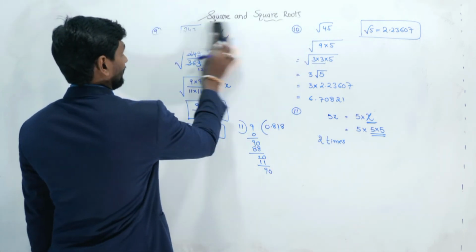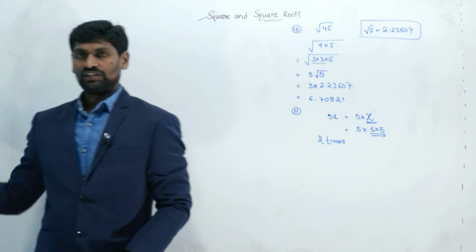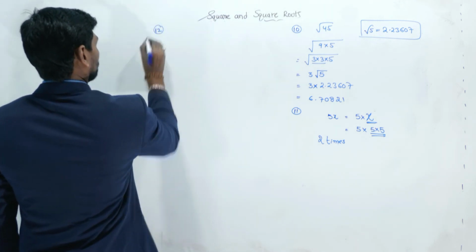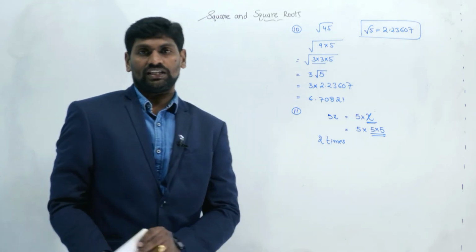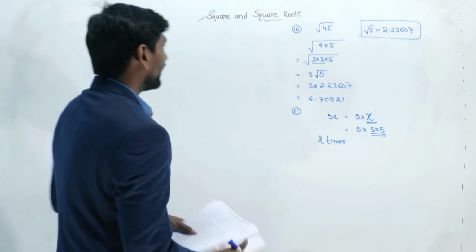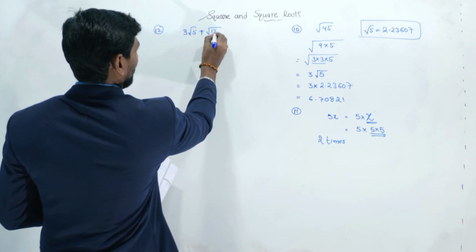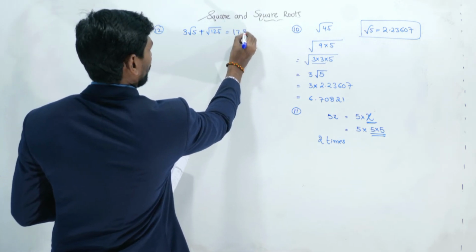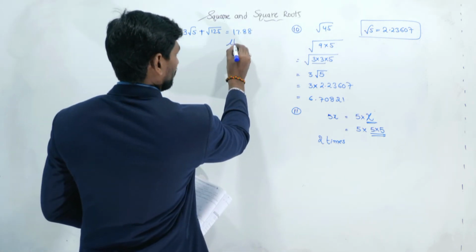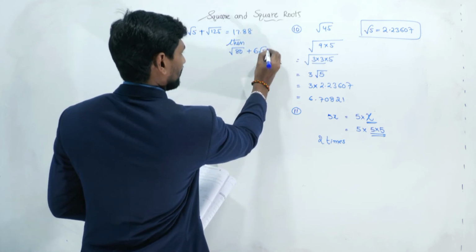Next, question number 12. Let us see the question. If 3 root 5 plus root 125 value is 17.88, then we need to find the value of root 80 plus 6 root 5.